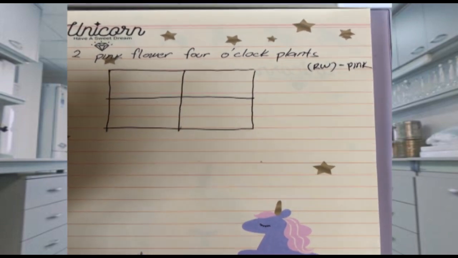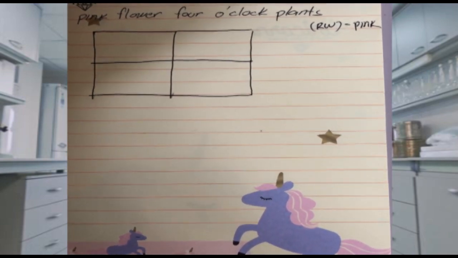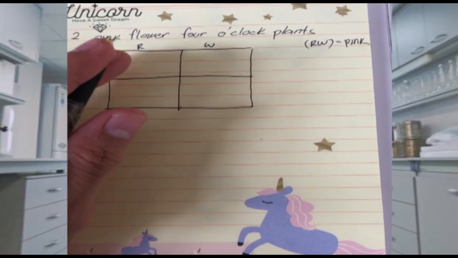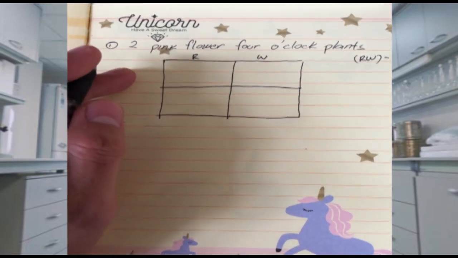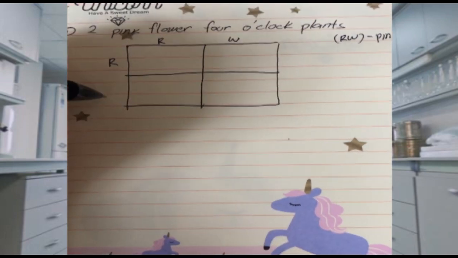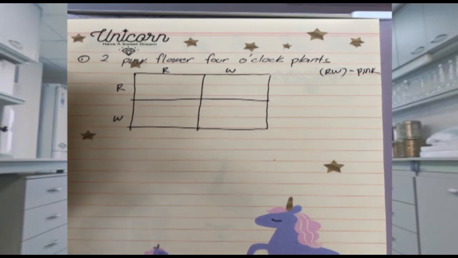So first, pink flower 4 o'clock plant, we will put the genotype here at the upper part, R and W. Then the next pink flower 4 o'clock plant is in the left side. So we have now two pink flower 4 o'clock plants. So how will we solve the Punnett square?